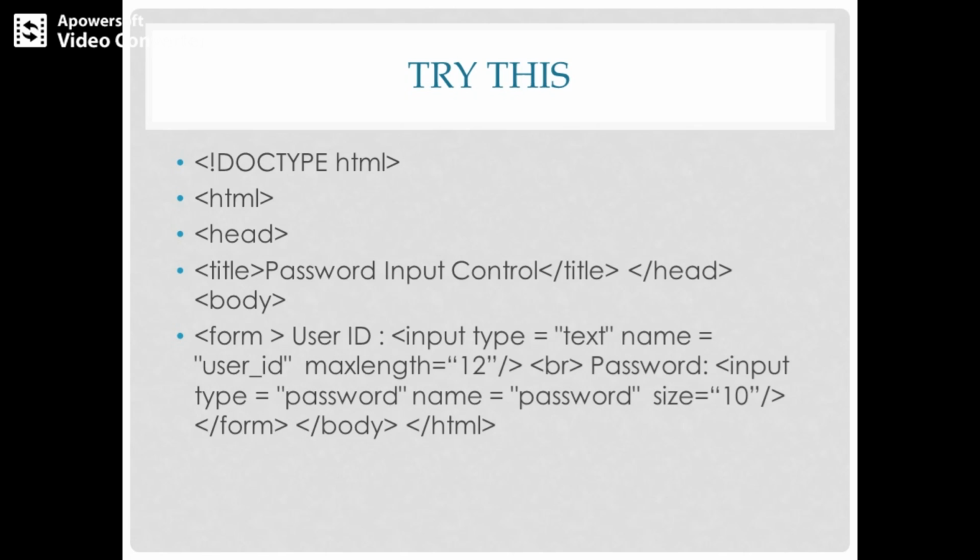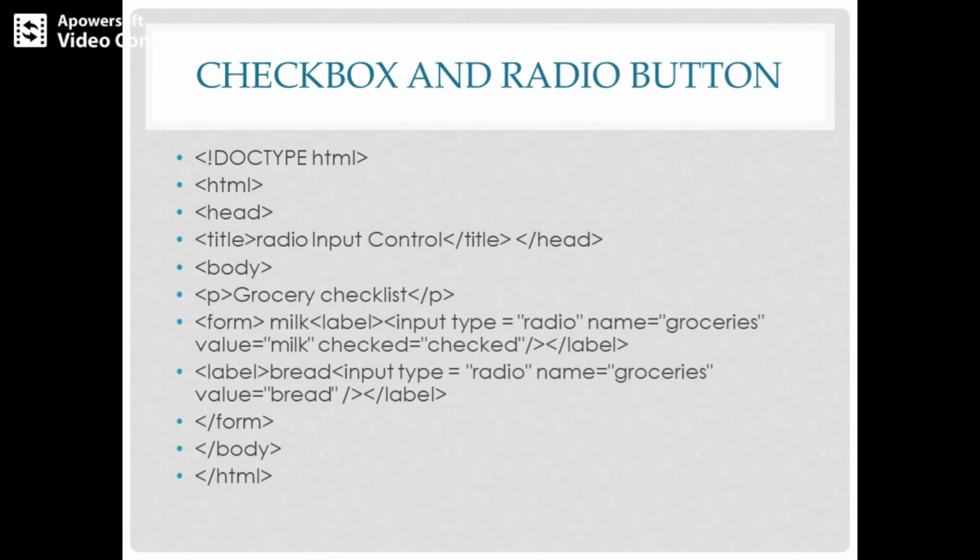However, I will demonstrate this in the video sessions. So let's consider another concept. In the previous slides we have seen the input tag in the form of a password or in the form of input text, right?